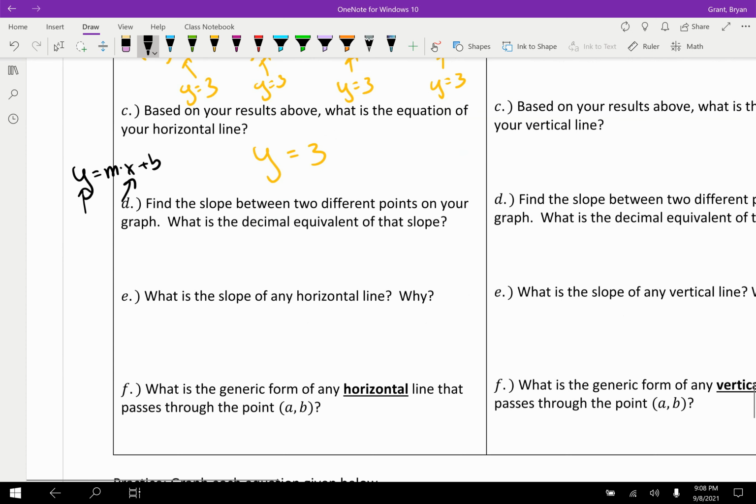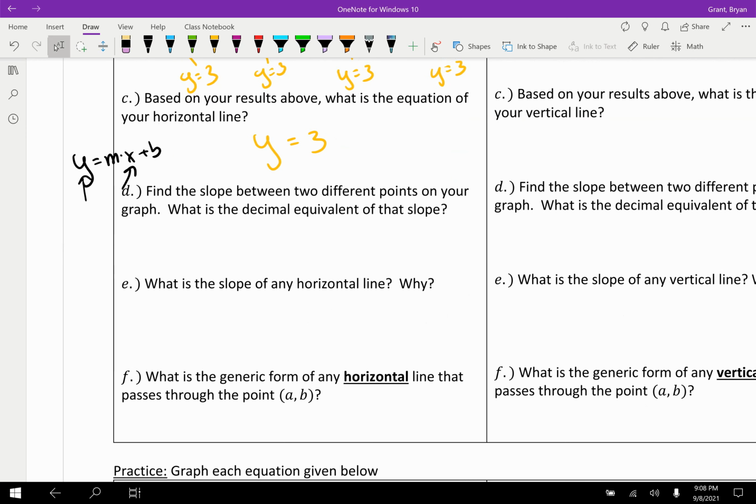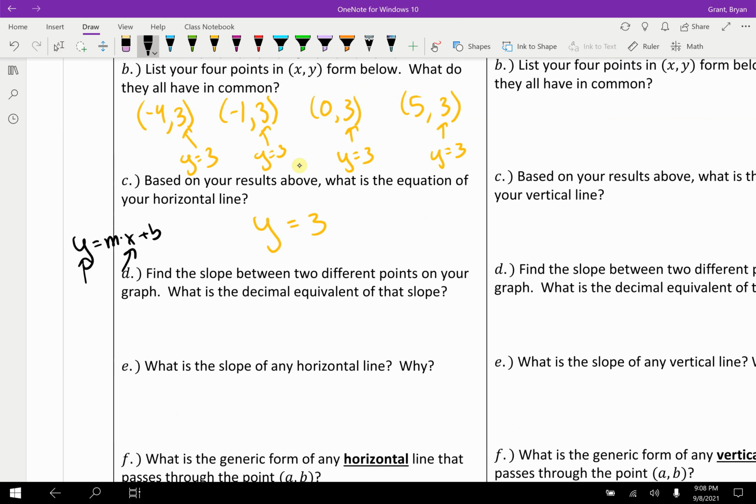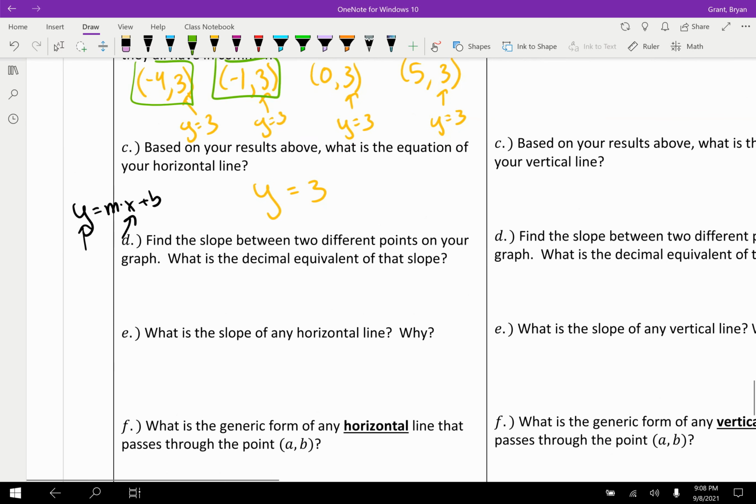Let's look at D. Find the slope between 2 different points on your graph. What's the decimal equivalent of that slope? Well, let's just pick my first 2 points. I'm going to do these guys right here. This is a nice reminder of your slope formula, right? So I have, and we'll need some space, negative 4, 3, and negative 1, 3, x1, y1, x2, y2.